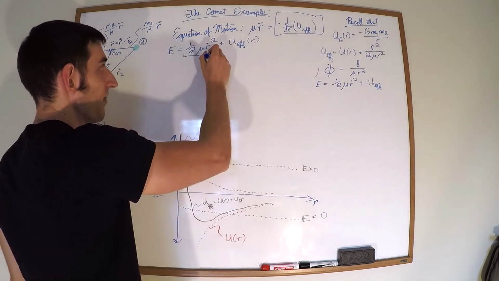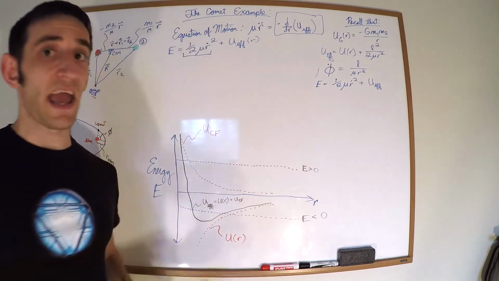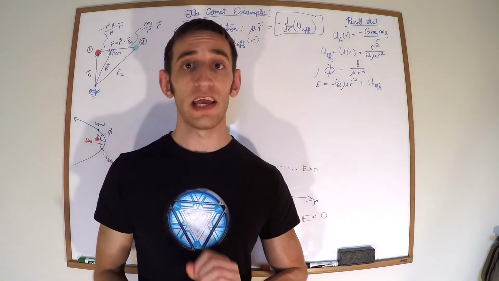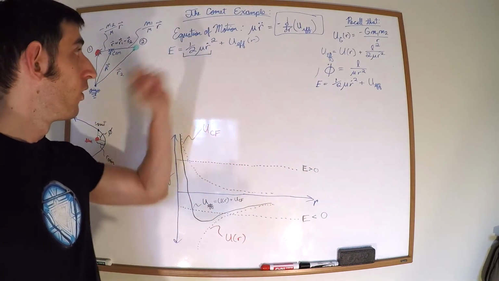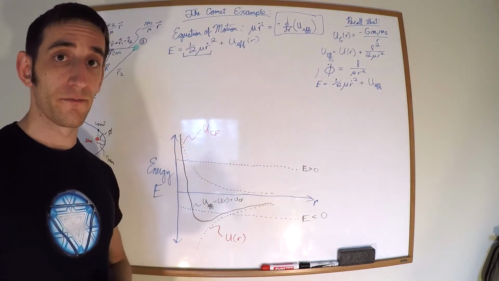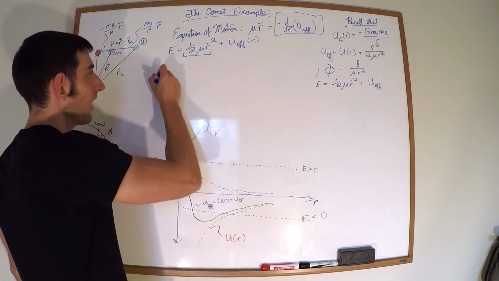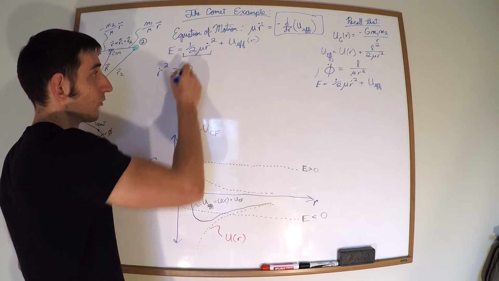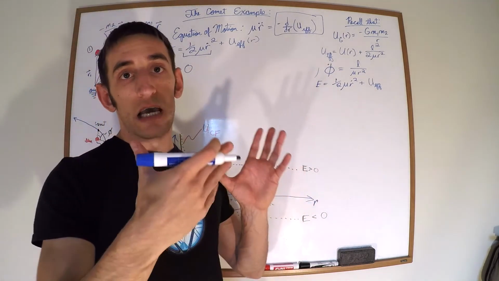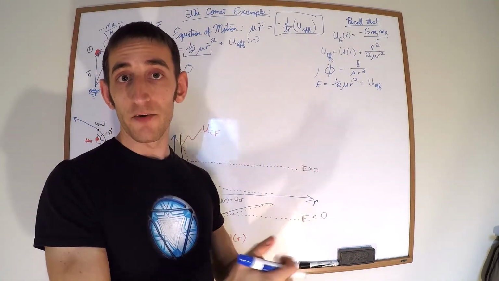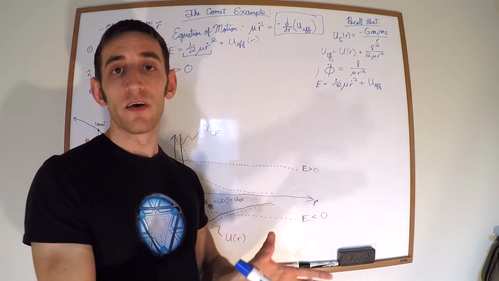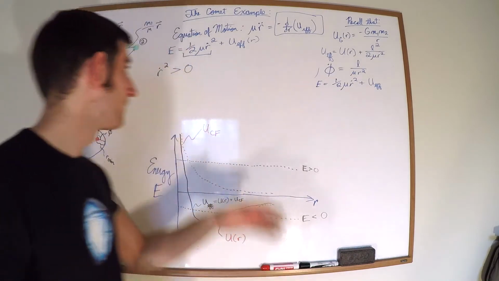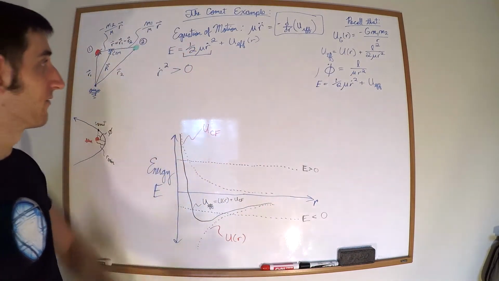If we take a look at this, the kinetic energy in the radial direction, the question I have for you is, what do we know about r dot squared? r dot squared is always greater than 0, right? Because if the scalar value of the velocity is negative, and you square that, it becomes positive. If it's positive, it remains positive. So this is always positive.